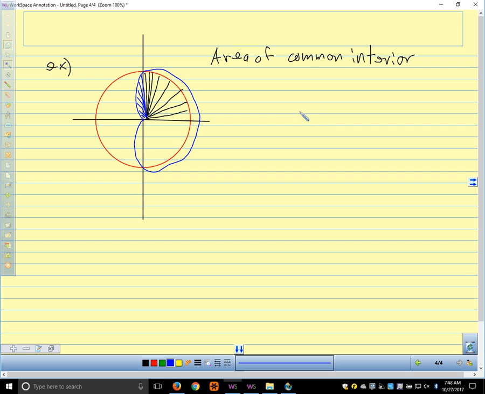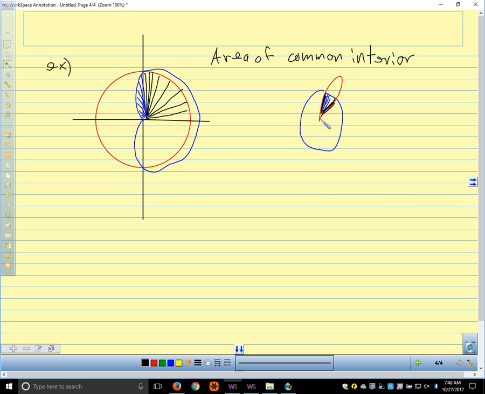That would also happen, for example, if you had a circle and a rose curve. So here's a petal of the rose curve. For this section, you would just be sweeping out the area of the rose curve until you get to the intersection. Then you'd sweep out the area of the circle. And then here you'd sweep out the area of the rose curve again.